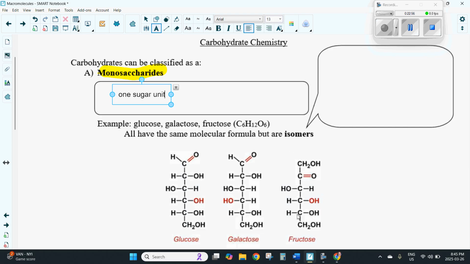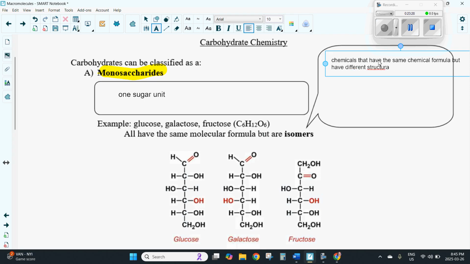An isomer is a molecule that has the same chemical formula, but structurally the atoms are arranged differently. So isomers are chemicals that have the same chemical formula but different structural diagrams.